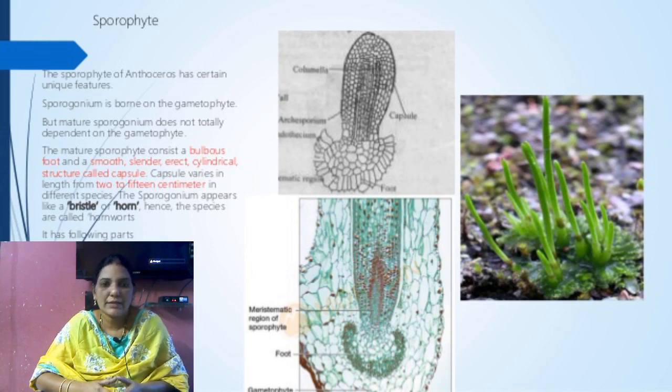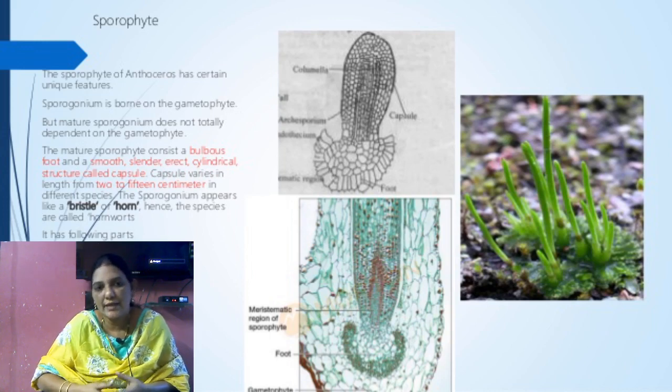The meristematic tissue continuously adds new cells to the tissues, so the sporophyte continues to grow for a long period. Here the meristematic tissue continuously produces new cells and adds them to the sporophyte.